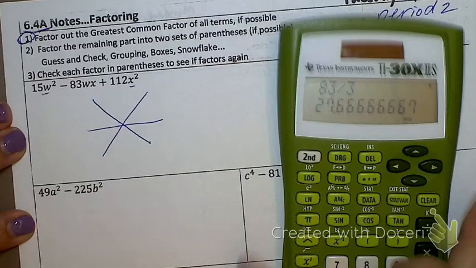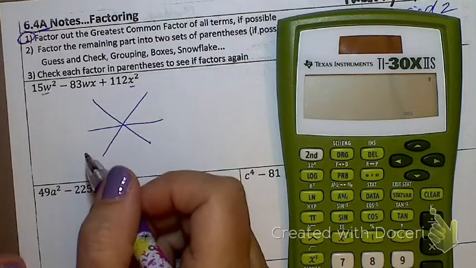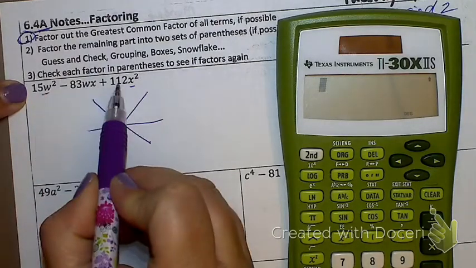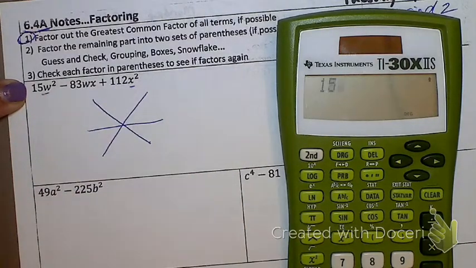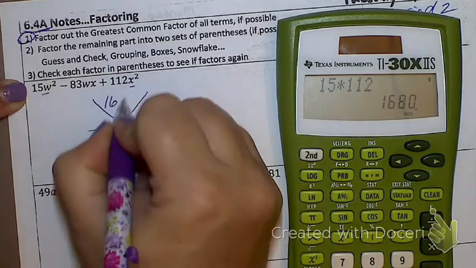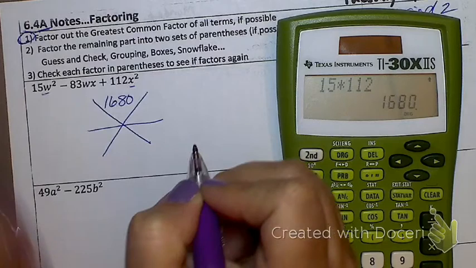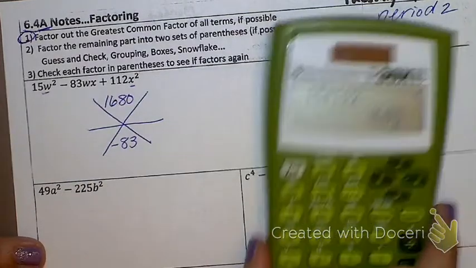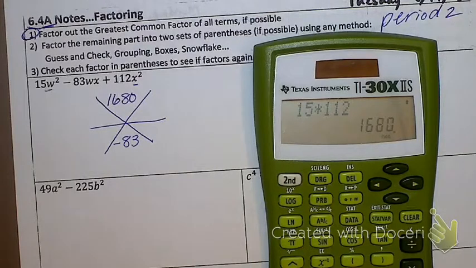Okay? So what's going to go on the top? 15 times 112. That's going to be a big number. 1680. And on the bottom, what am I going to put? Negative 83. Now I need 2 numbers that multiply to get 1680 and add to get negative 83.